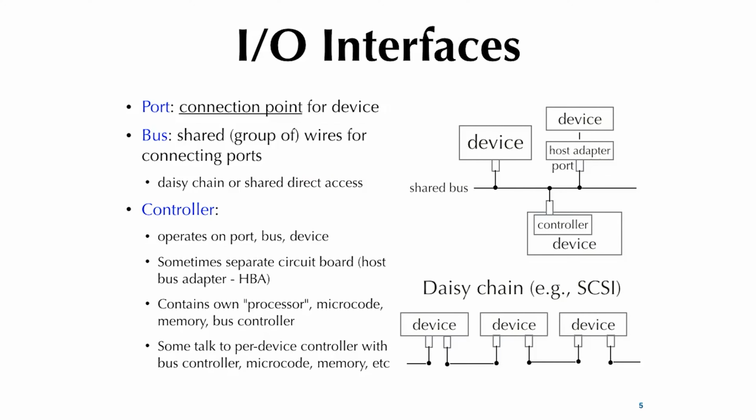Okay, so I/O interfaces. In terms of hardware, there are ports, bus, and controller. A port, you can think of it as a connection point or maybe an endpoint of connection for a device, and it connects to a bus. Now there's shared bus and there's daisy chained. A shared bus would be one where you have a set of wires that are electrically shared between 2, possibly more of these devices.